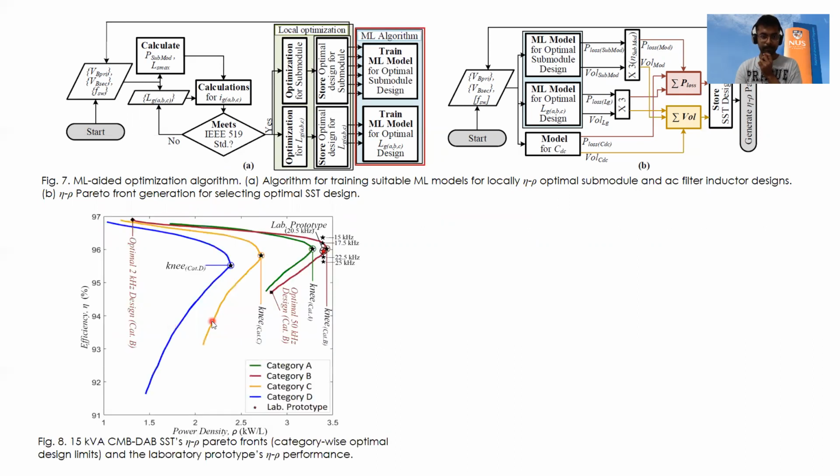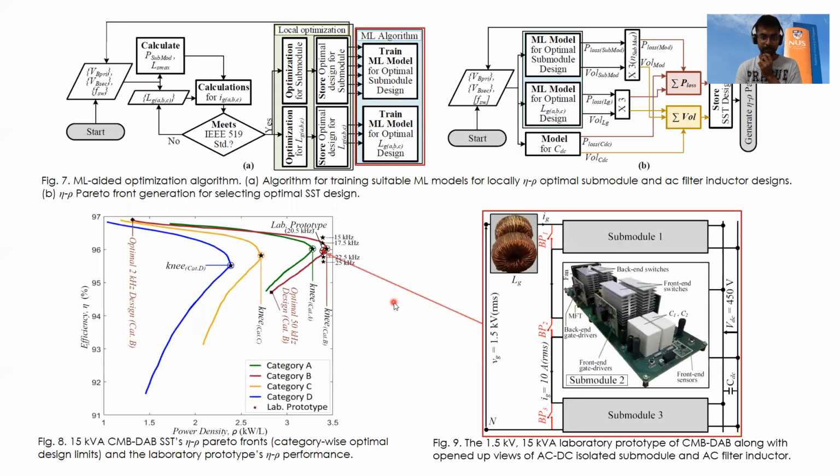So we can see that in category B, it provides the best Pareto front, and the black stars show the various experimental results obtained at various frequencies for the prototype that is developed by us. And while operating at 20 kilohertz, it lies on the Pareto front, which is very near to the knee point of category B, which is the global optimal design.